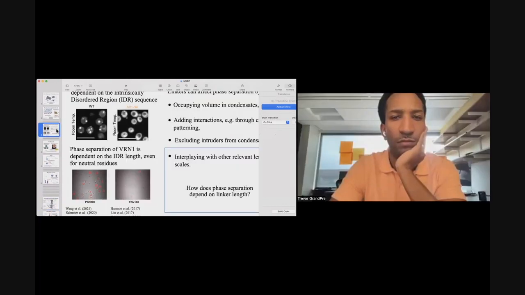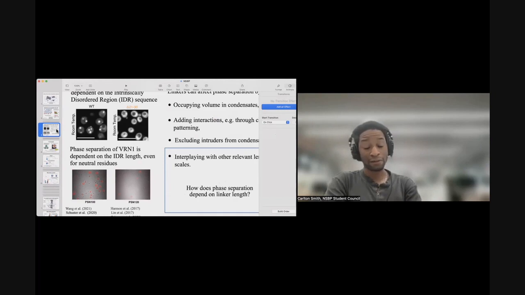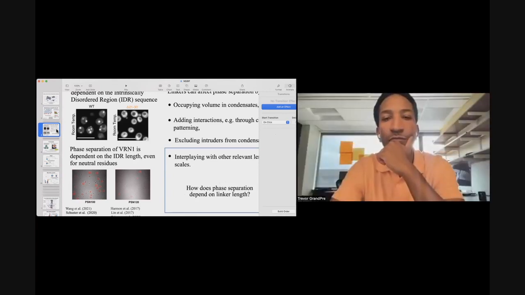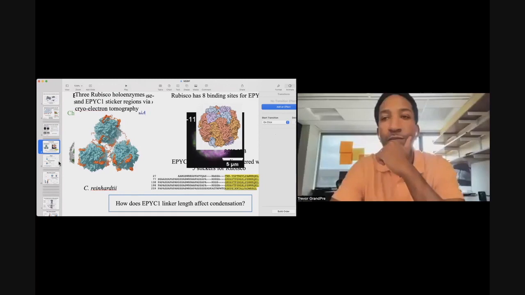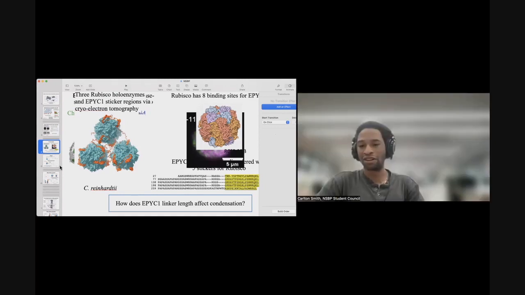I know that linker length is an analog for the stiffness between the two stickers on EPYC, but do you have any thoughts on how you would be able to experimentally control for linker length? So like in this system, some way of affecting the structural integrity, or with a genomic edit or whatever?